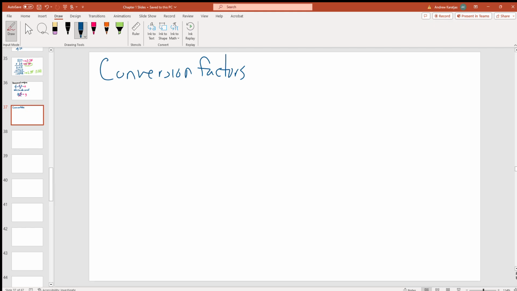So to do that, we use conversion factors. And conversion factors could be any two quantities that are equal to convert in between units, and they're set up as a fraction.